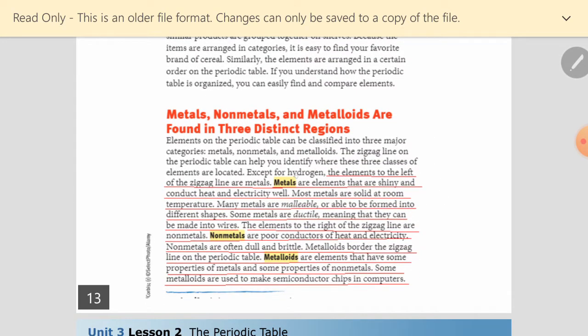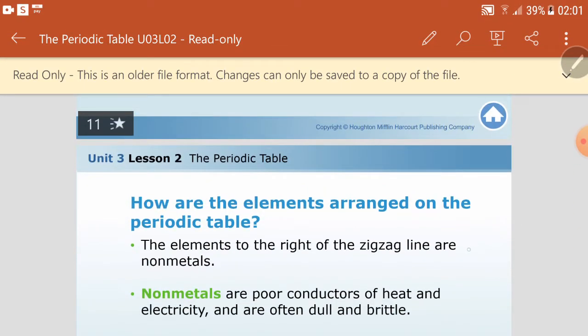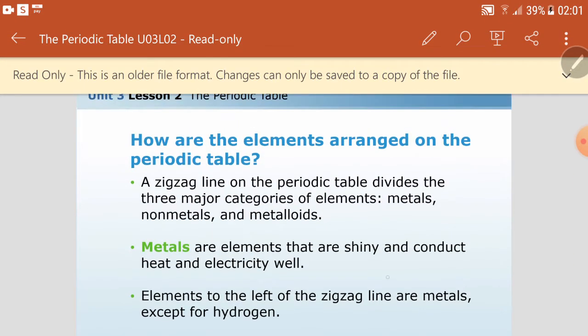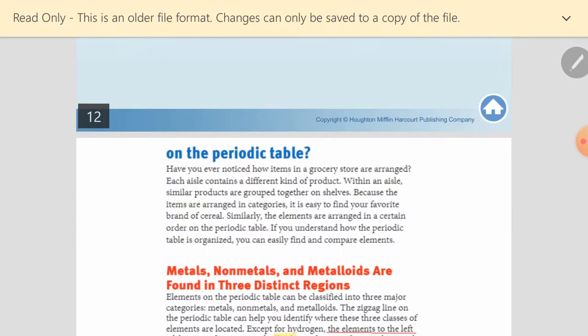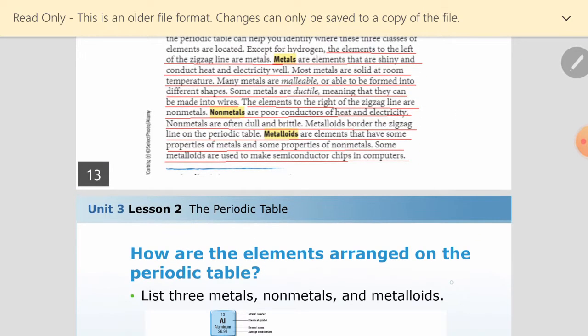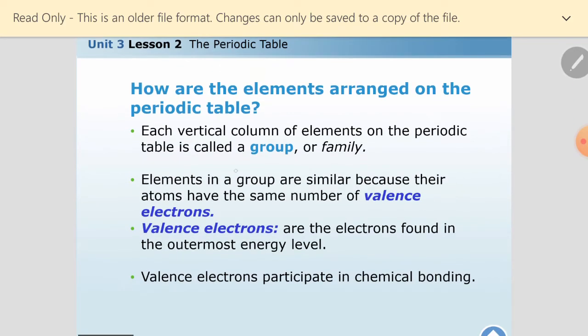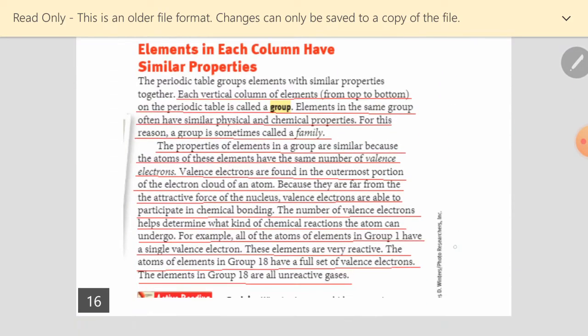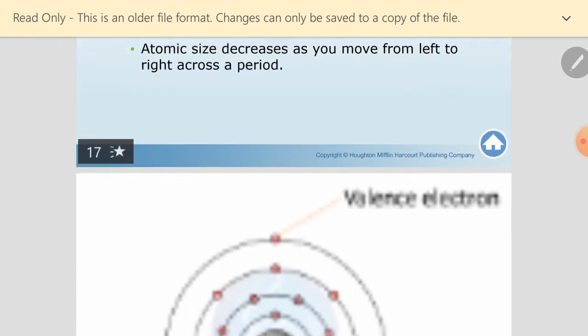They will talk about metals, non-metals, and metalloids, which we took in the last unit. So the next period will not be about something new. We will talk about metals, metalloids, and non-metals. Then we will explain about the groups. We will explain about the periods in more detail, and we will be done with this lesson.